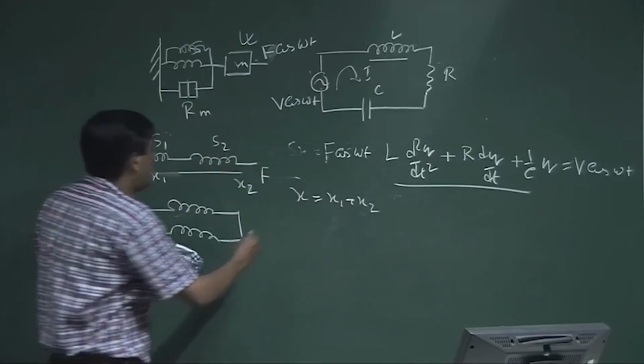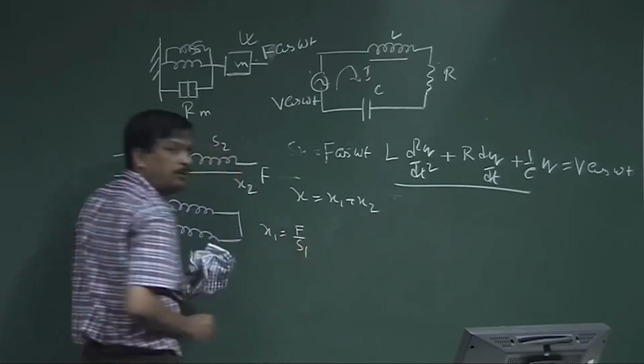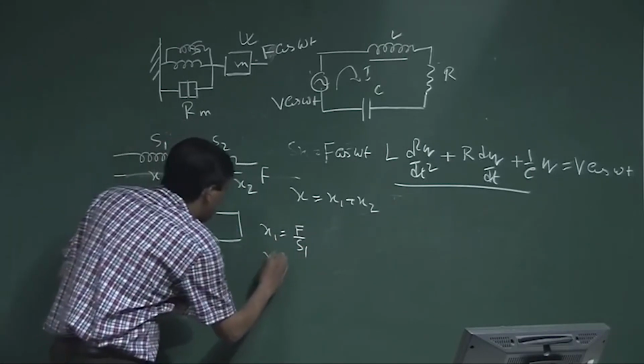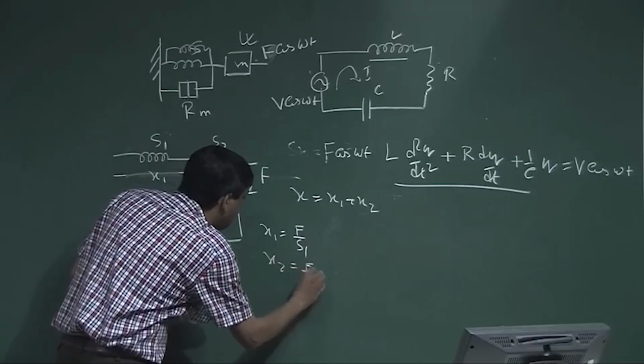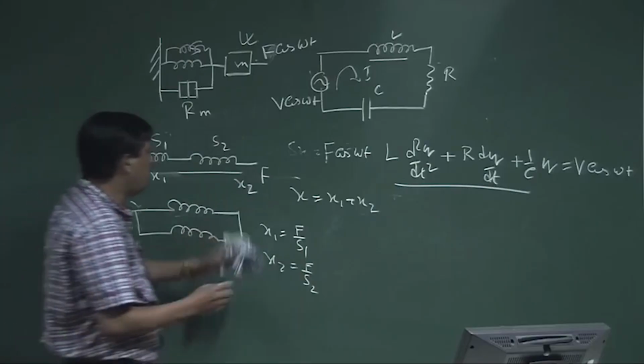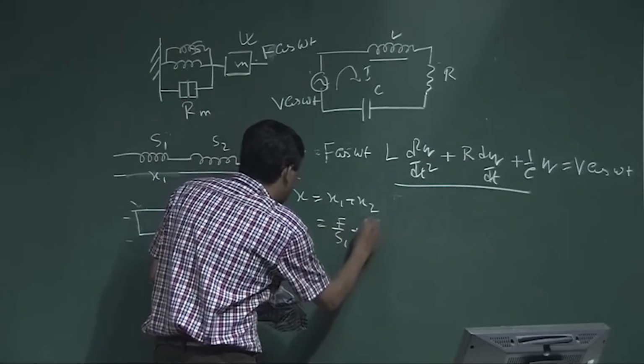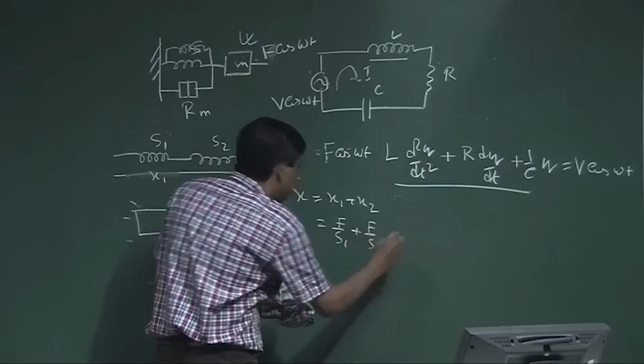Okay. Now, what is x1? x1 is nothing but force by spring 1 stiffness, and x2 is nothing but force by spring 2 stiffness. So, if I put that, it is F by S1 plus F by S2.